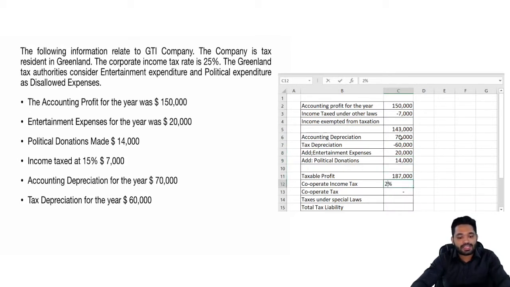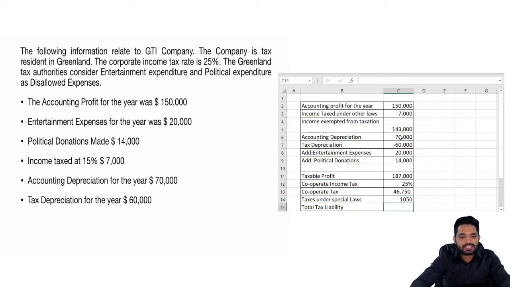So our corporate tax rate was 25%. So our corporate tax is going to be 46,750. We have an income tax under a separate law, which is 7,000 times the separate tax rate of 15%. So that's going to be 1,050.